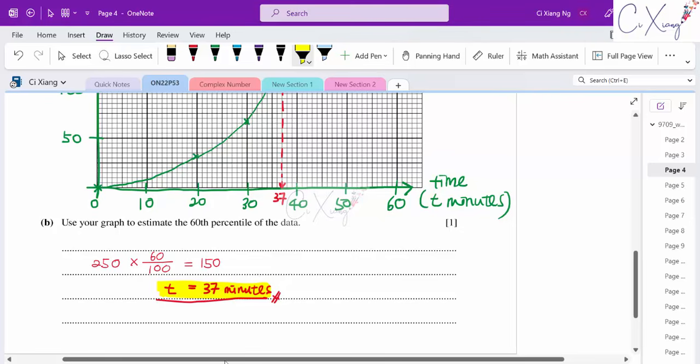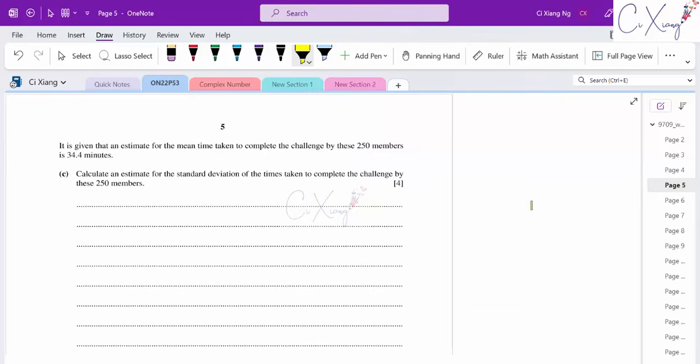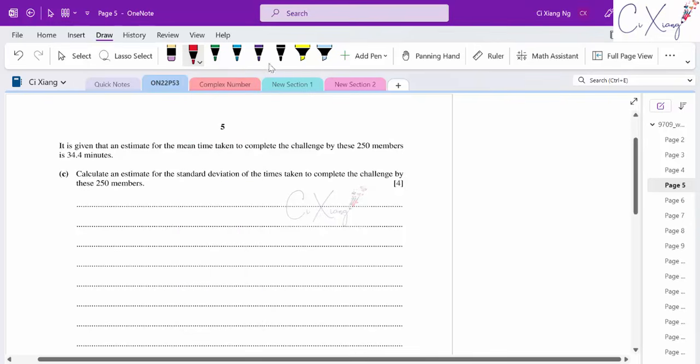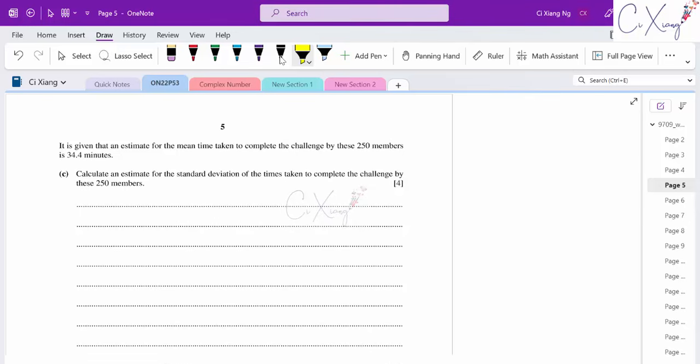Alright, and next one is part C. For part C, they want us to calculate. It is given that an estimate for the mean time taken to complete the challenge by the 250 members is 34.4 minutes.